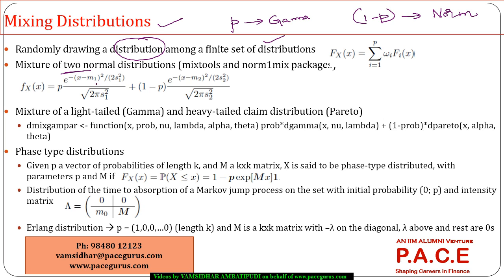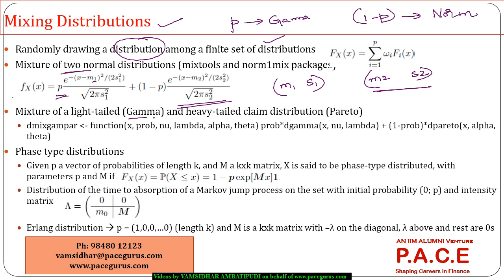So I can mix two normal distributions. This is a normal distribution with mean m1 and standard deviation s1. This is a normal distribution with mean m2, standard deviation s2. So this is a mixture. There is a p probability that it follows a normal distribution with mean m1 and standard deviation s1, and there is a 1 minus p probability that it follows a normal distribution with mean m2 and standard deviation s2.